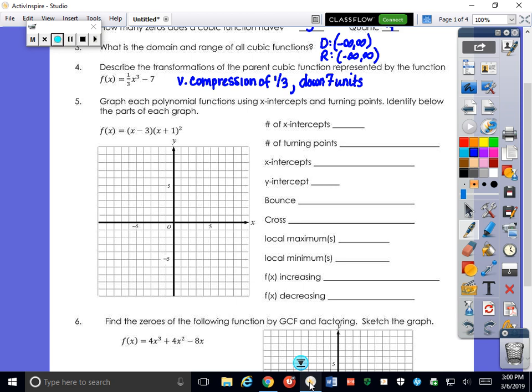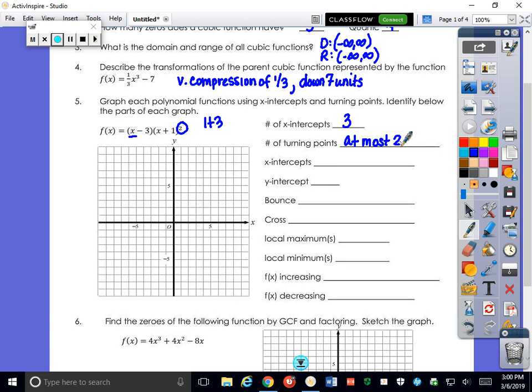The first question on the paper states how many x-intercepts. Well, remember, if it's a cubic function, it goes by the degree. So this is going to be 1 and 2 makes 3. So there are 3 x-intercepts, which means the turning points are going to be at most 2. It's 1 less than the degree.